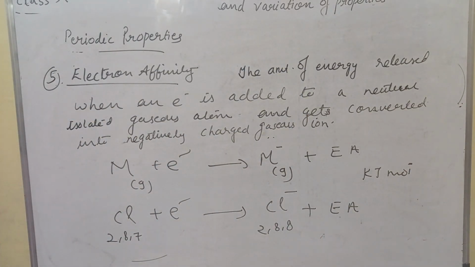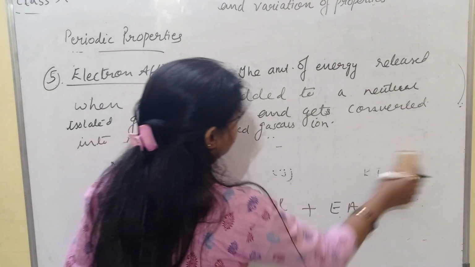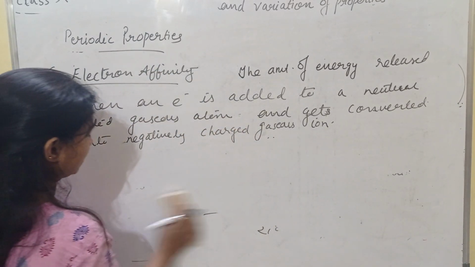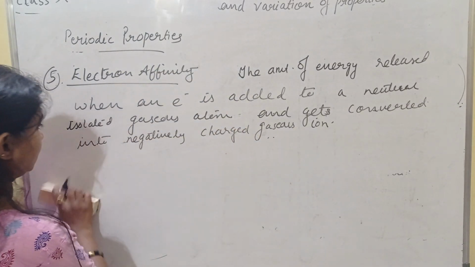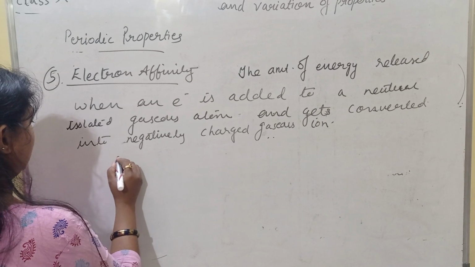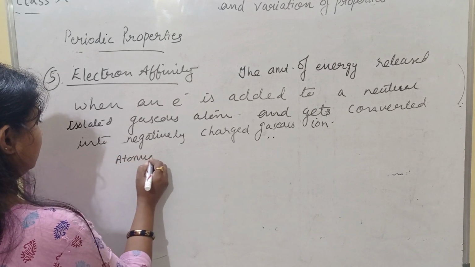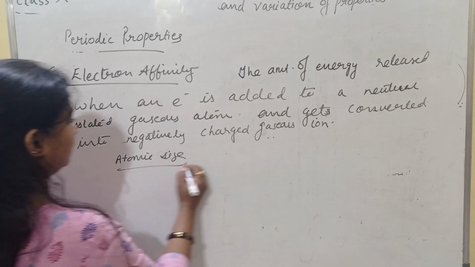So the more the value of electron affinity, the more is the tendency of that atom to accept the electron. Again, it depends upon two factors, atomic size and nuclear charge. Now how these two factors affect electron affinity, we'll see that.